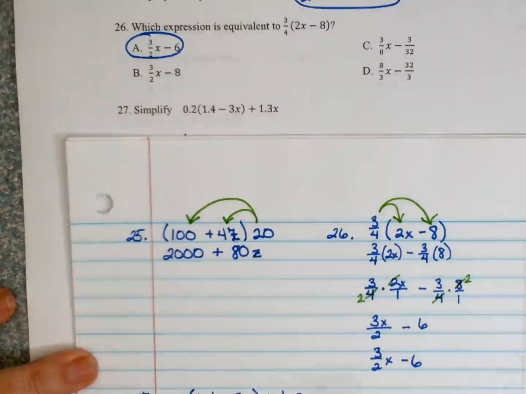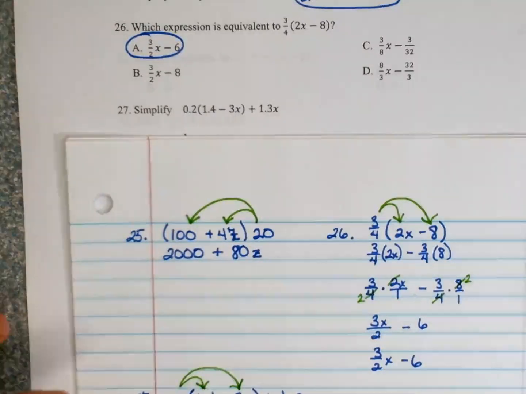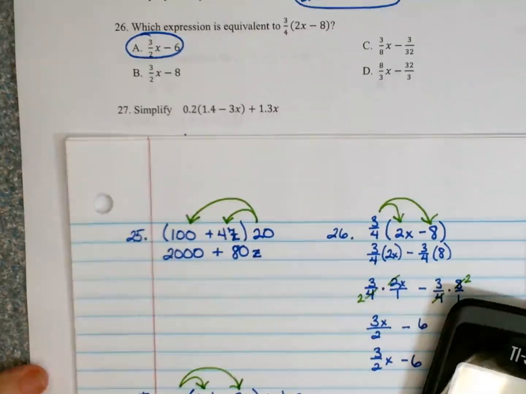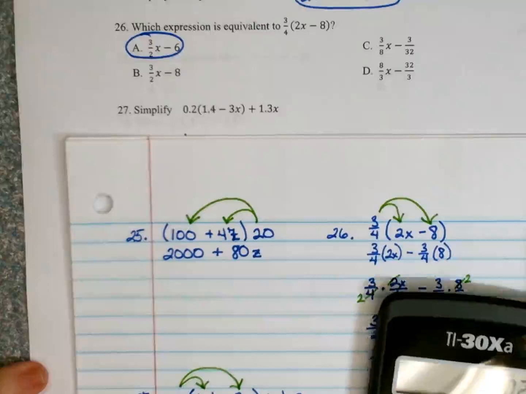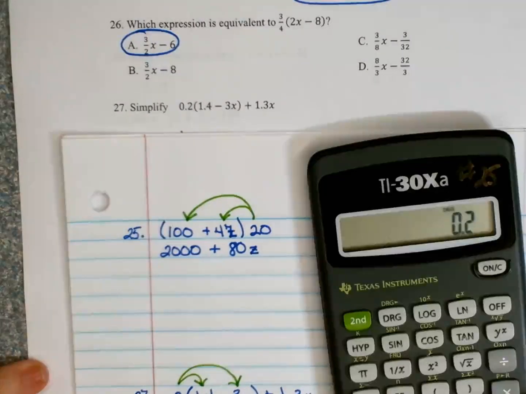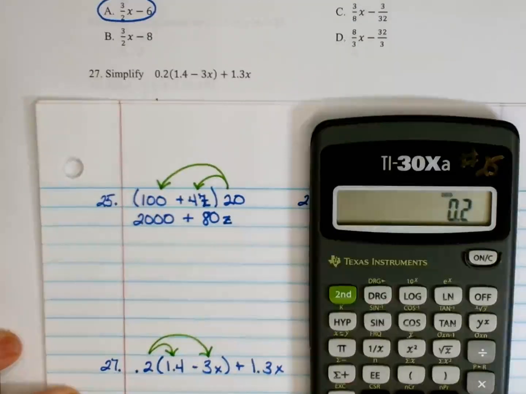All right, so again, I have to use my distributive property and distribute that 0.2 into all the quantities inside. So I'm going to have 0.2. Oops, you can't see my calculator. There we go. 0.2 times 1.4, which gives me 0.28.